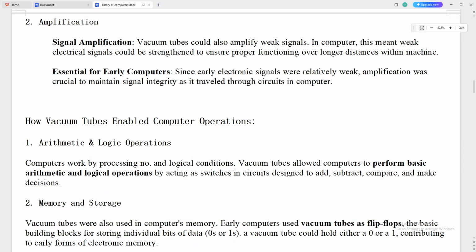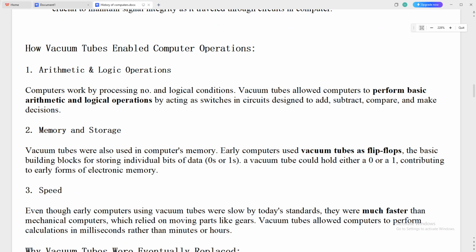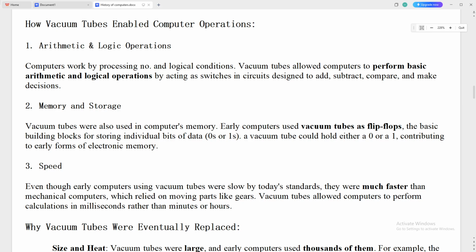Okay, now how do vacuum tubes enable computer operations? How are computer operations really performed? If you get my previous point, what we are overall doing is that the electronic current is being passed from anode to cathode.